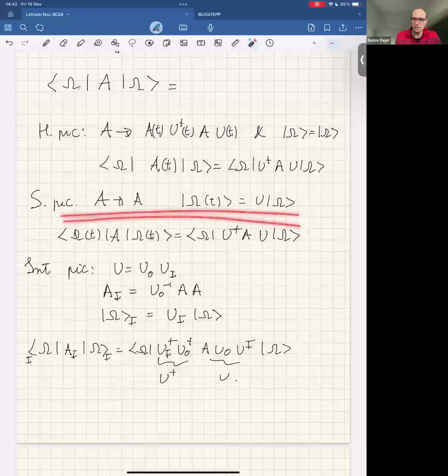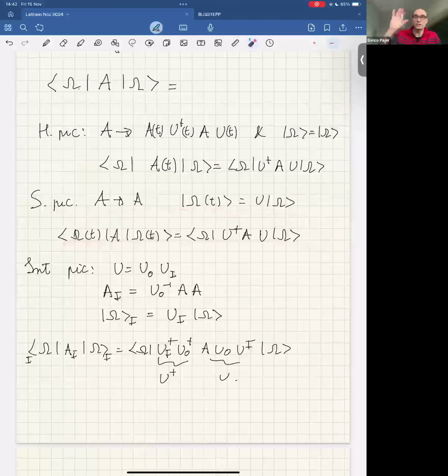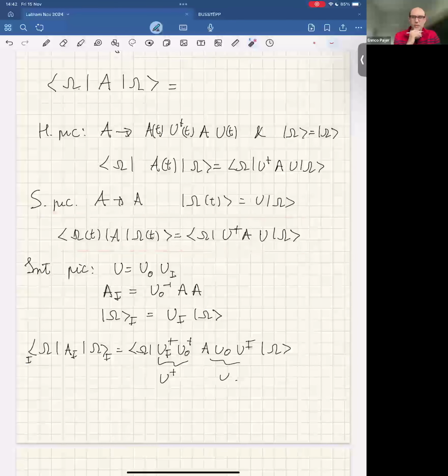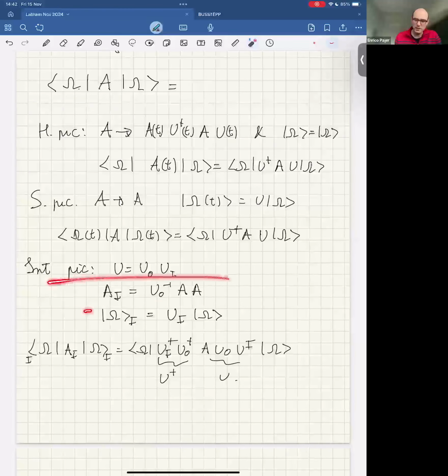The Schrödinger picture is very intuitive because we think of the system as evolving rather than the observable. That's what is explicit in the Schrödinger picture. And finally, the interaction picture is something that we like because we are not able to solve quantum field theories non-perturbatively.